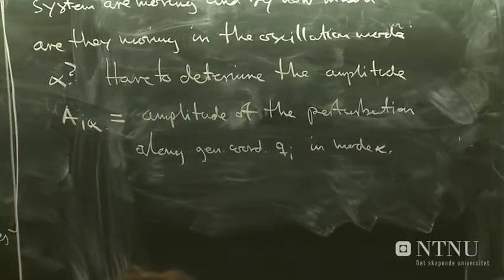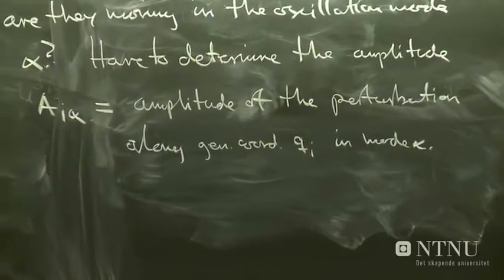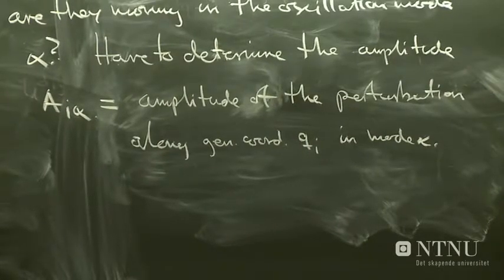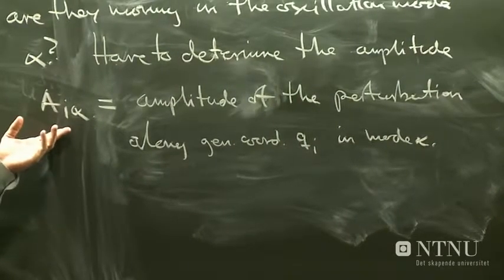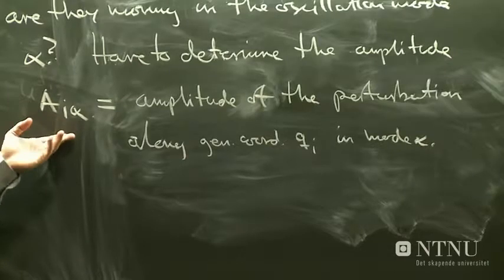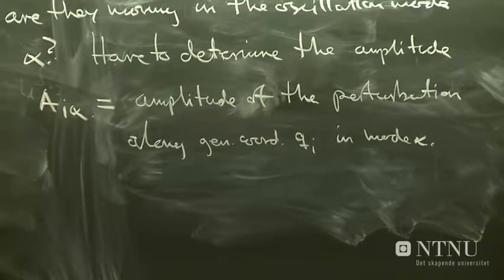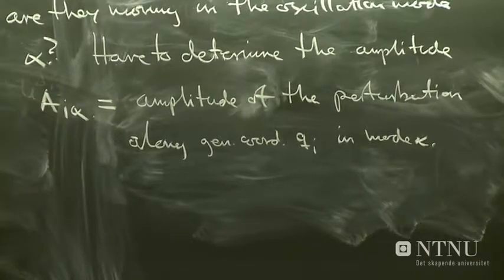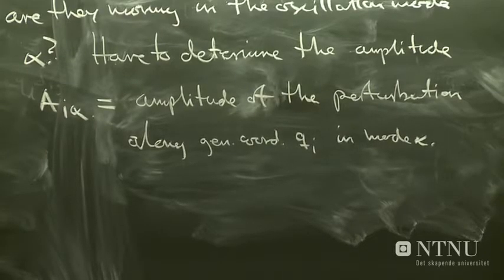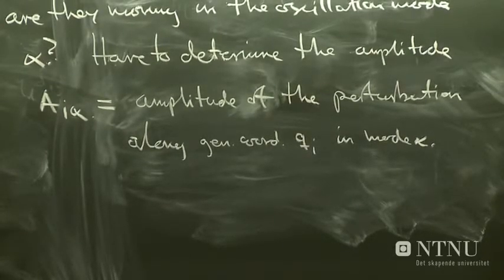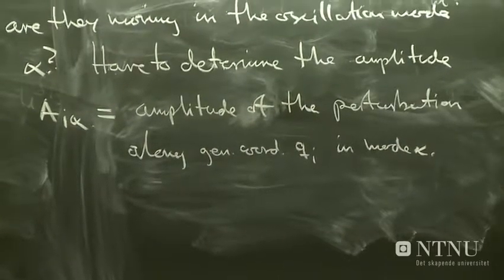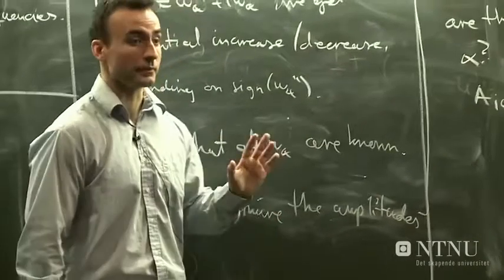So eventually we're going to have a lot of indices in the problem, so let me just clearly state what the physical meaning of these indices are. A_I alpha corresponds to the amplitude of the perturbation along the generalized coordinate direction Q_I when the system is in the mode alpha, corresponding to the eigenfrequency omega alpha. So that is the meaning of these indices.